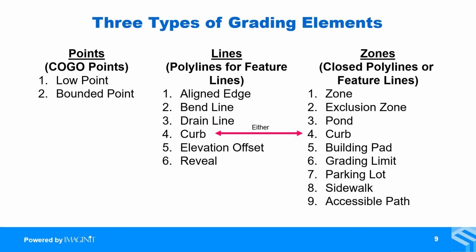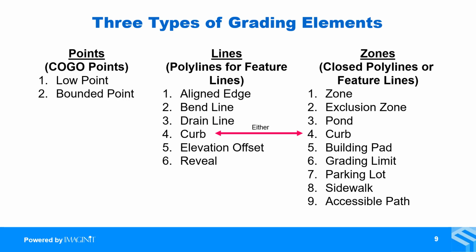Zones are the most common type that we'll be using, and the only requirement there is that we have either a polyline or a feature line that is entirely enclosed. There's one just called zone that is the most basic, and with that I tell it what my slopes need to be to meet my criteria. I could also slope a zone in a specific direction entirely, or in conjunction with things like drain lines and low points, let it figure out what my drainage should be across the zone.